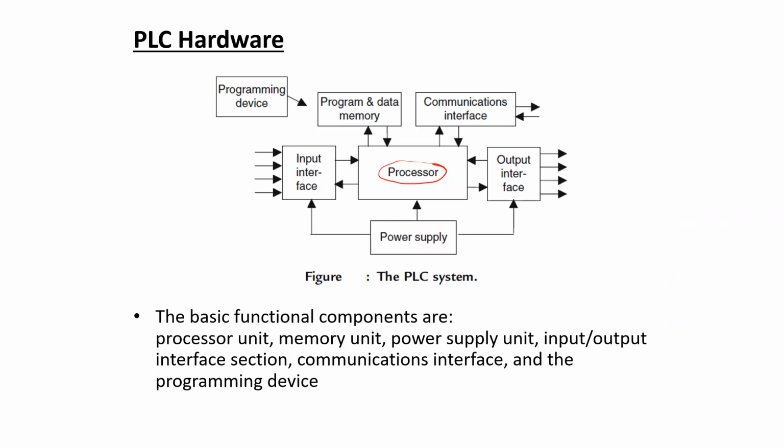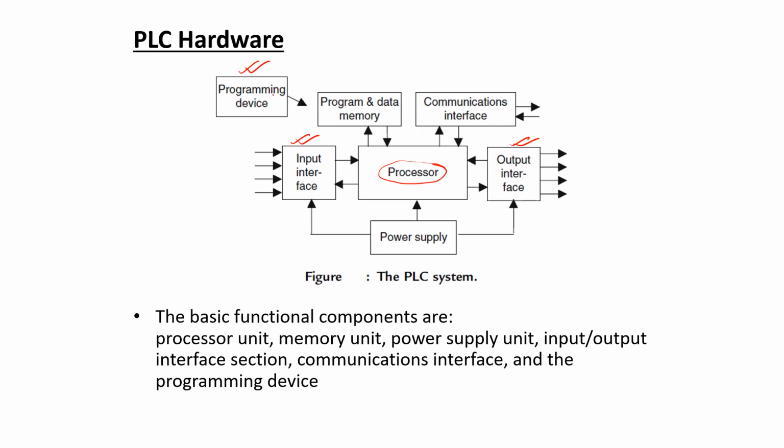In order to connect input devices and output devices with this microprocessor, an input interfacing unit and an output interfacing unit should be there, so that data can be read or written in the input or output devices. In order to write the program, a programming device is necessary, which is basically a computer.